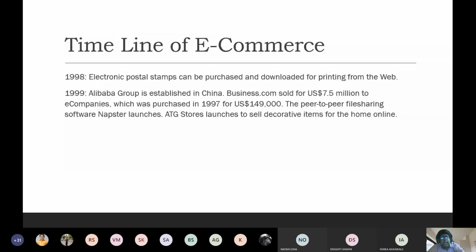So I believe, have you all heard about Napster? For those people who have not heard about Napster, I don't know how many of you have seen the movie The Social Network. Has anyone seen The Social Network? Not a problem.